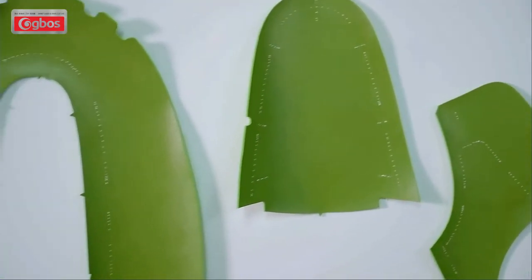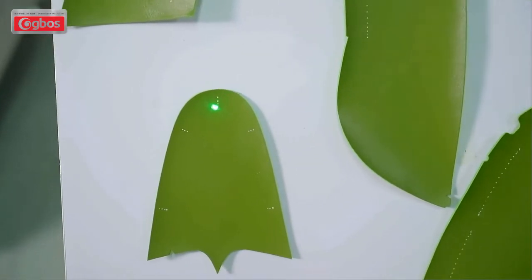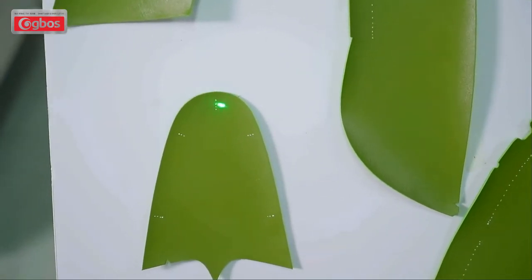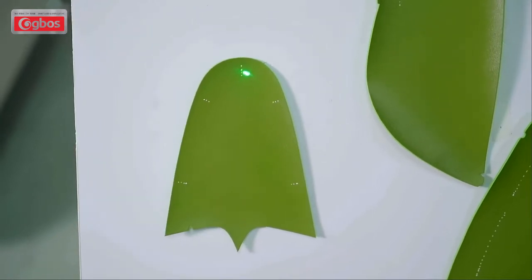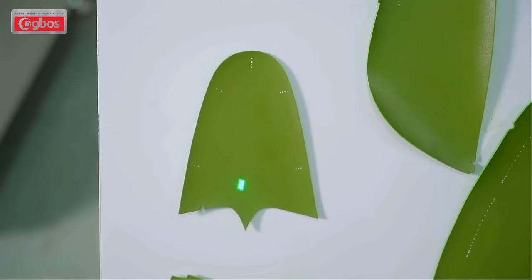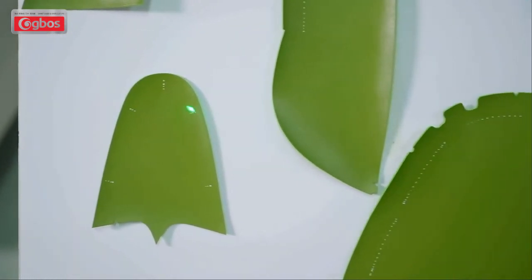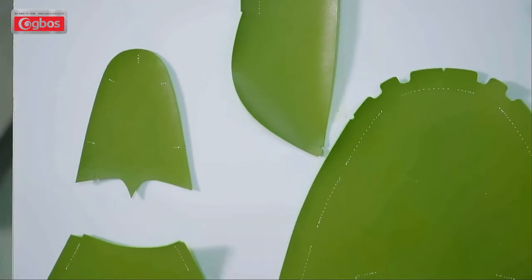Let's also look at this one. This is also the opposite angle. It cannot go to the left or to the right. It must exactly follow this angle. So this sample ensures you the marking quality.